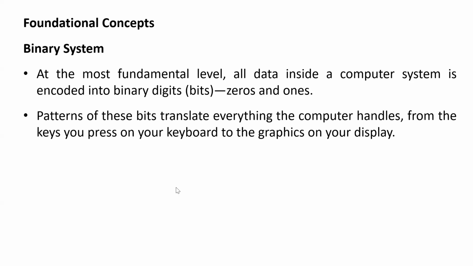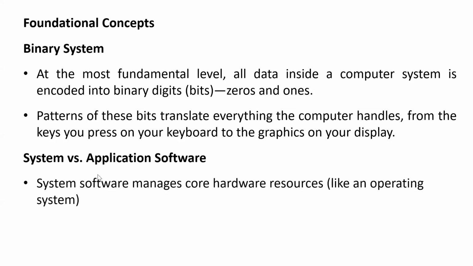So from the keys that you press on the keyboard, to the graphics that are displayed, all these are done with zeros and ones. Even the video you give, the computer understands it as zeros and ones. But there is logic, arithmetic logic, and those things to convert. There's an interpreter within the computer that turns these into the language and vice versa.